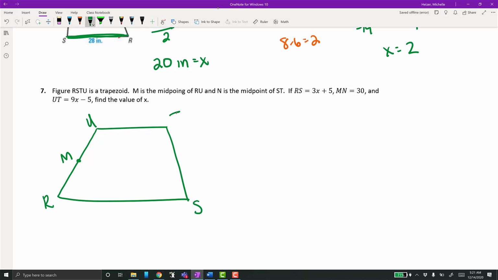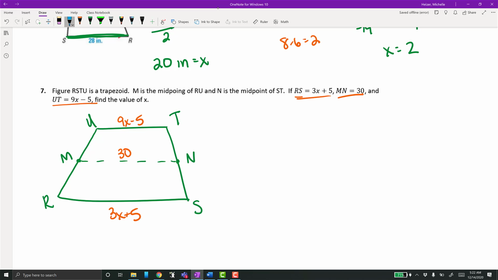Then I have ST, and this is going to be N. If RS is 3x plus 5, MN is 30, and UT is 9x minus 5, find the value of x.